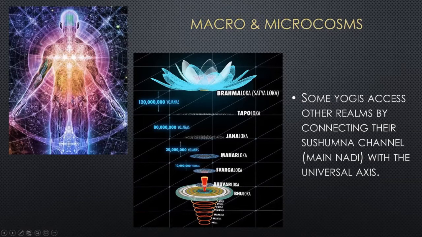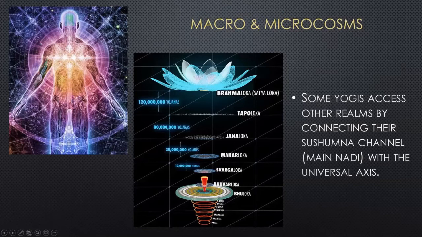Energy goes through it, and if they're able to align that to the universal axis that goes from Bhumandala through Mount Meru all the way to Brahmaloka, then as they meditate on the different chakras in their bodies, they're able to access the different worlds that there are in the universe.